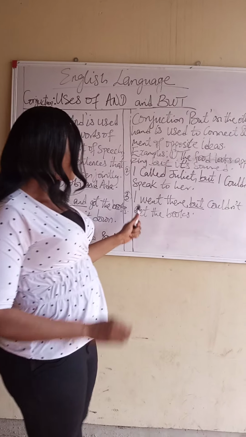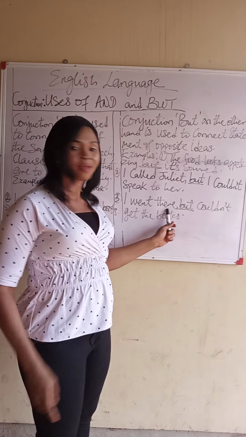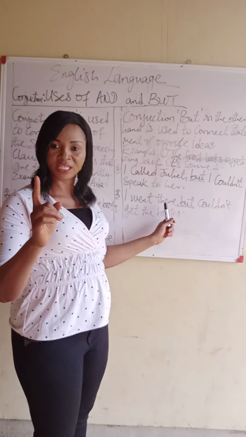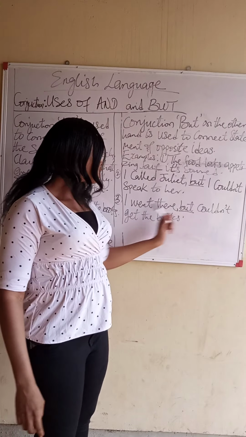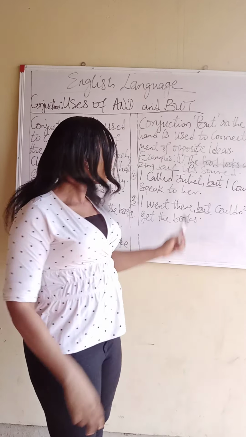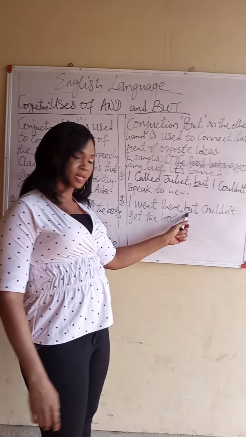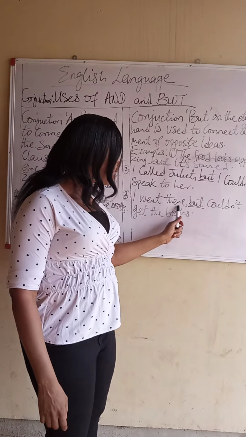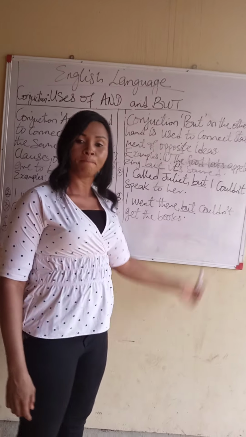All right, we have another example. I went there, a positive statement, positive clause. I couldn't get the books, a negative statement. So what do we join them with? "But". We have, I went there but couldn't get the books.